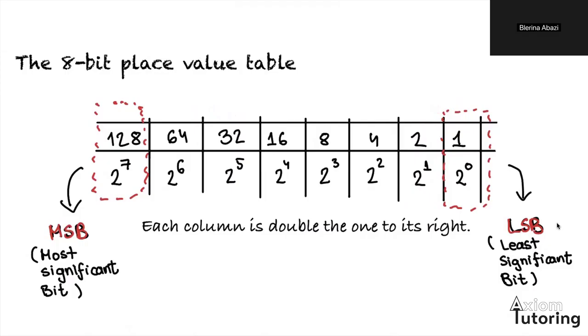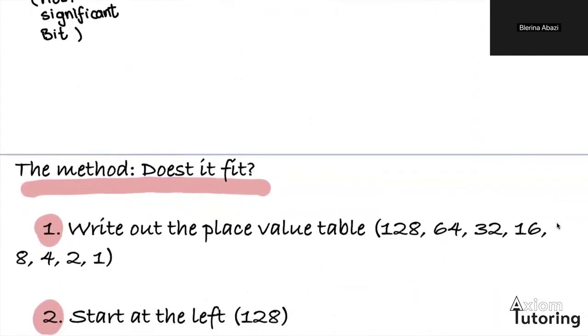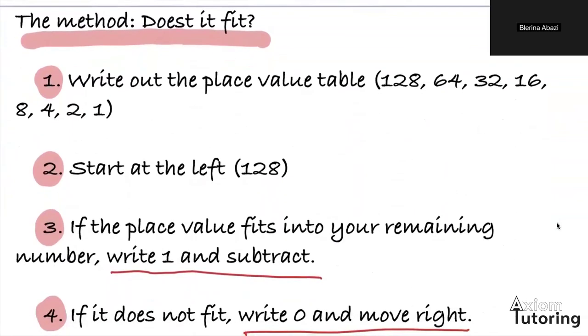The column on the far right here is called the least significant bit, whereas this column here is called the most significant bit.